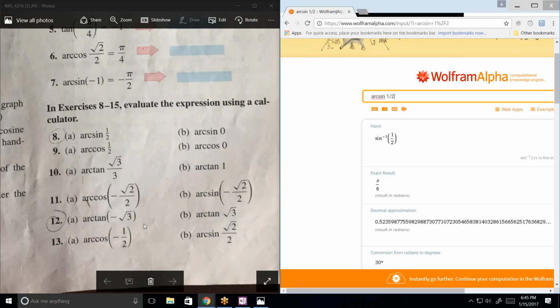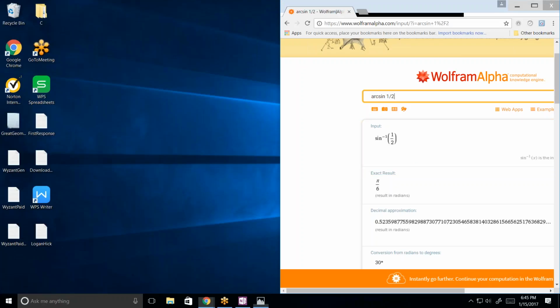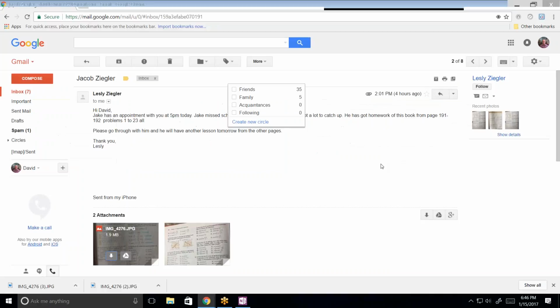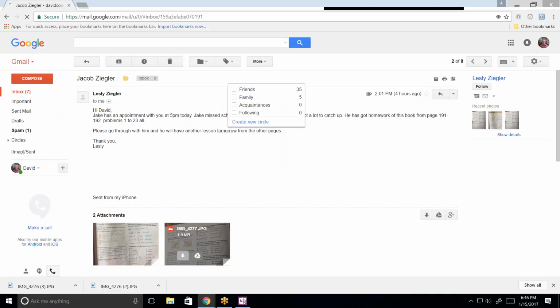Of course, arc sine and inverse sine mean the same thing, as Wolfram Alpha shows here. Okay, well, let me close this out, open up the second document, and we'll start with 15 or 16.